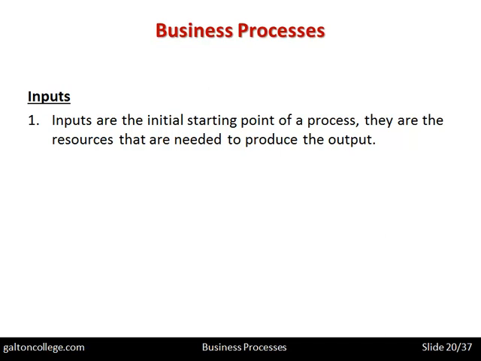They might have to use metals or wood or some sort of material, particularly obviously in manufacturing. In the context of services, the inputs will be the human brain. It'll be the ability of the human to satisfy the customer in terms of service in a restaurant, for example.